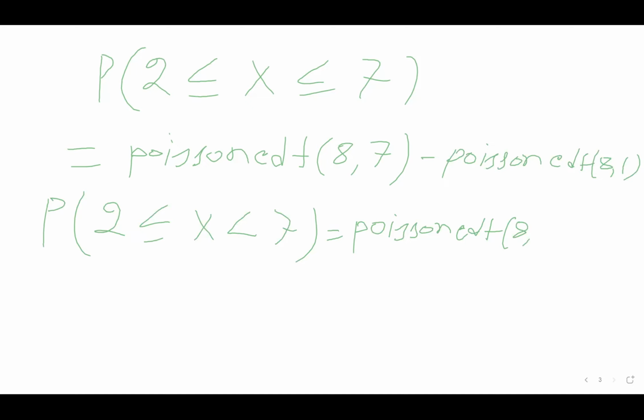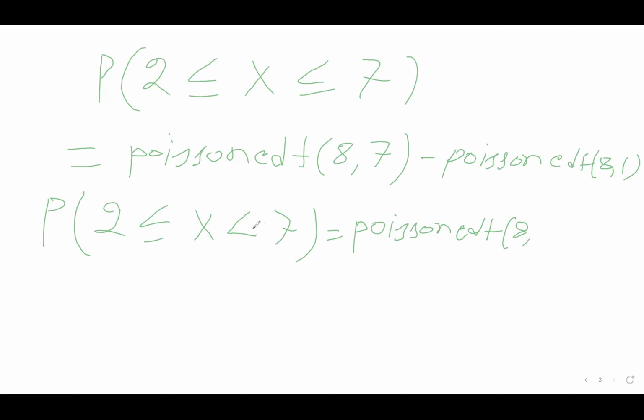Which number should we use in this case? 7 or 6? Anyone? Yes, 6. We should use 6 because here x is from 2 to 6, not 2 to 7.